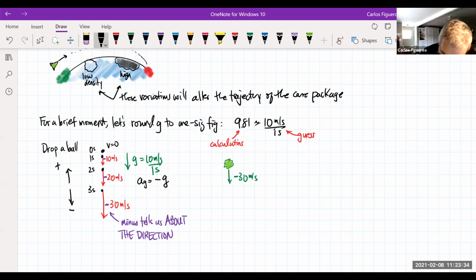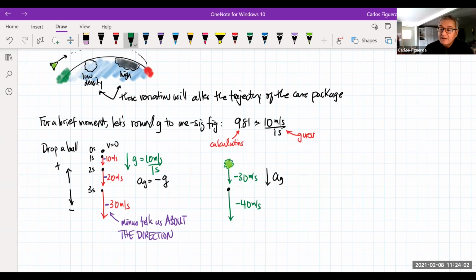The fact that I have acceleration due to gravity going in that direction, I know it's going to speed it up in the negative direction. So at the next moment, it's going faster. How much faster? In this case, it has to increase, so it now goes to 40 meters a second. It doesn't matter. The acceleration due to gravity is a constant value here.